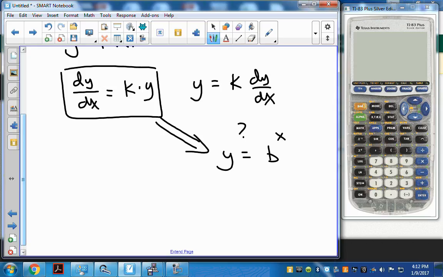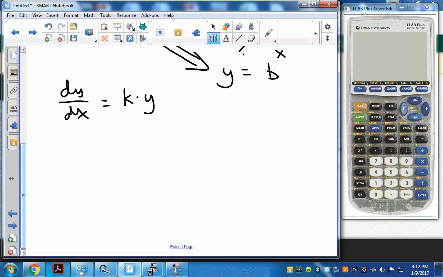Okay, how do we go about doing these? Well, there's a method of solution called separation of variables, and that's going to be used quite a lot in this chapter. And what we mean by that is we're going to take this derivative dy dx and consider it as a ratio of two differentials.